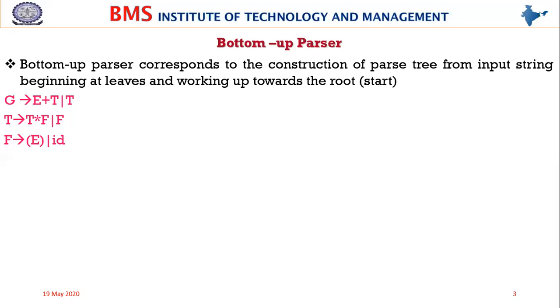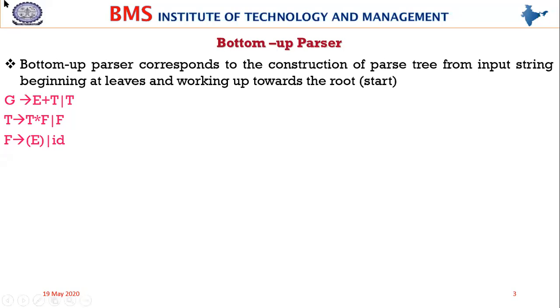But now in bottom-up parsing, we start from the string and replace a substring by an appropriate non-terminal by using a production. Means the production body is replaced by the non-terminal. This will be repeated until the start state is obtained and all input symbols are consumed. So that's why we call it a bottom-up parser.